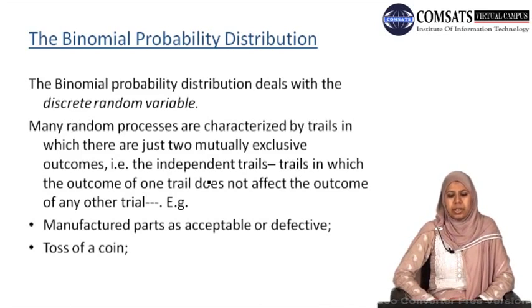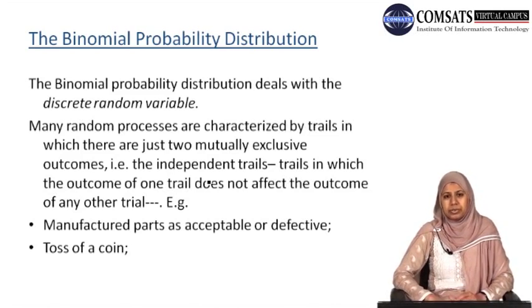Many random processes are characterized by trials in which there are just two mutually exclusive outcomes, that is, independent trials. We consider independent trials, in which the possible outcomes are mutually exclusive to each other.